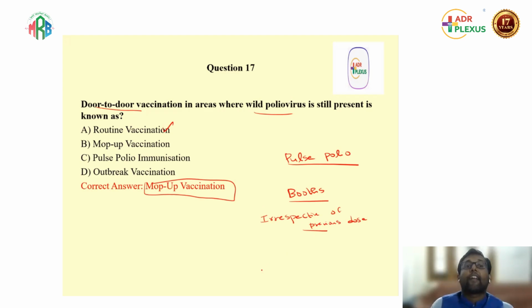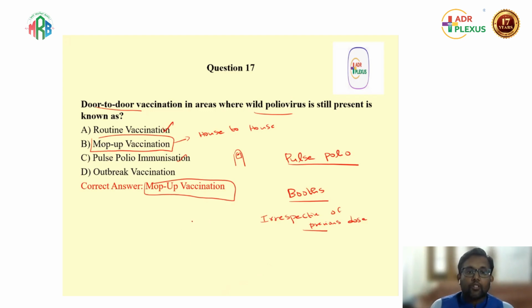Then, if any children are left out, what will they do? In this pulse polio immunization program, if any children are left out, they will do a house-to-house search, door-to-door. How will they find out? They put a mark on the child, and then the child is vaccinated.